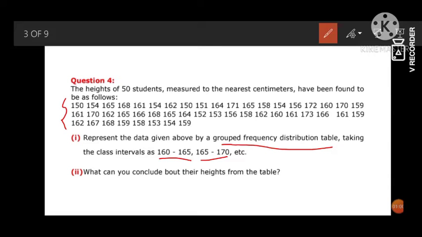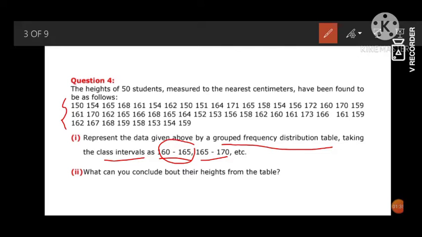So, first and foremost, we have to make a group frequency distribution table. Now, the class interval is given. The class interval is of size 5, that is 160 to 165. So, first and foremost, we will find out the lowest number from the raw data. So as you can see, the first number is 150. Is there any number which is lesser than 150 in the raw data given in the question?